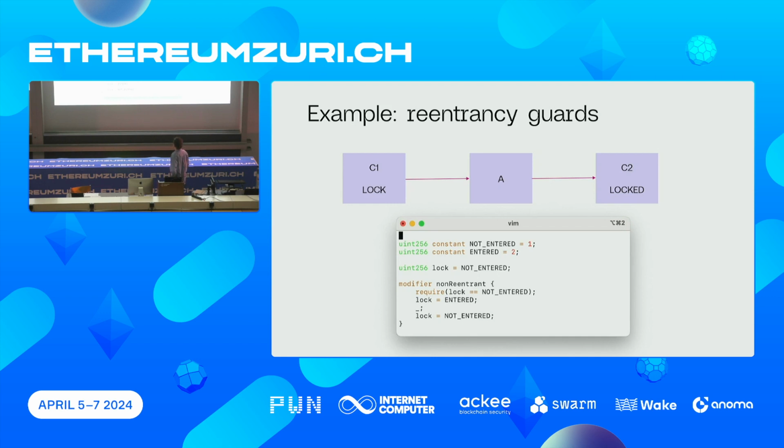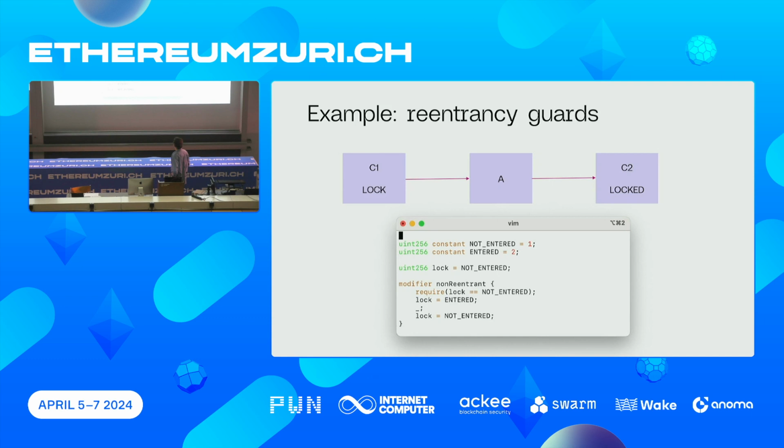So lock is a storage variable. It's initialized to not entered, which is 1, and the non-reentrant modifier will simply check that lock is not entered, and then it will set it to entered. It will execute the body of a function, and then set it back to not entered.